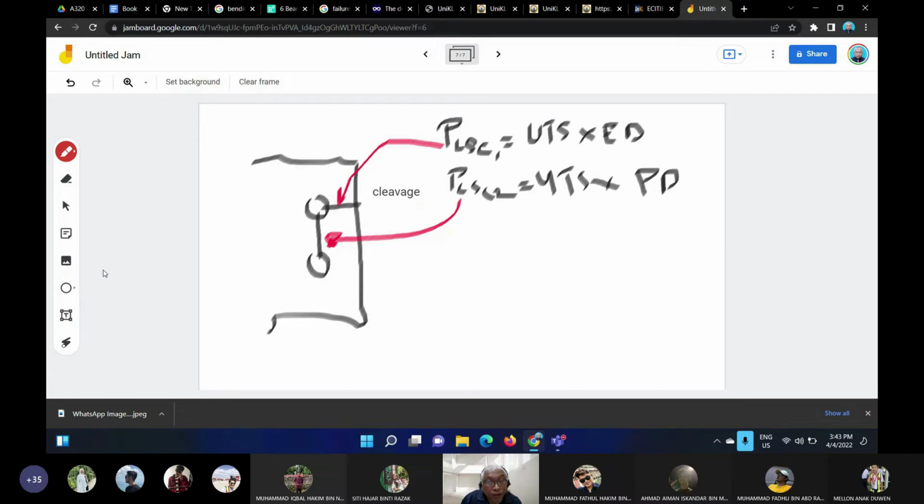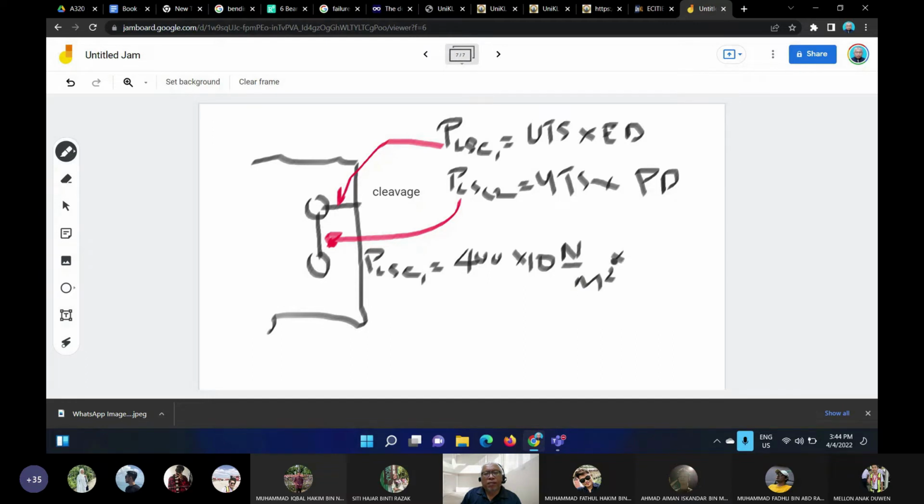So if you use an ultimate tensile strength of 400, the load for cleavage 1 will be 400 times 10 to the 6, megapascal is Newton per meter square.